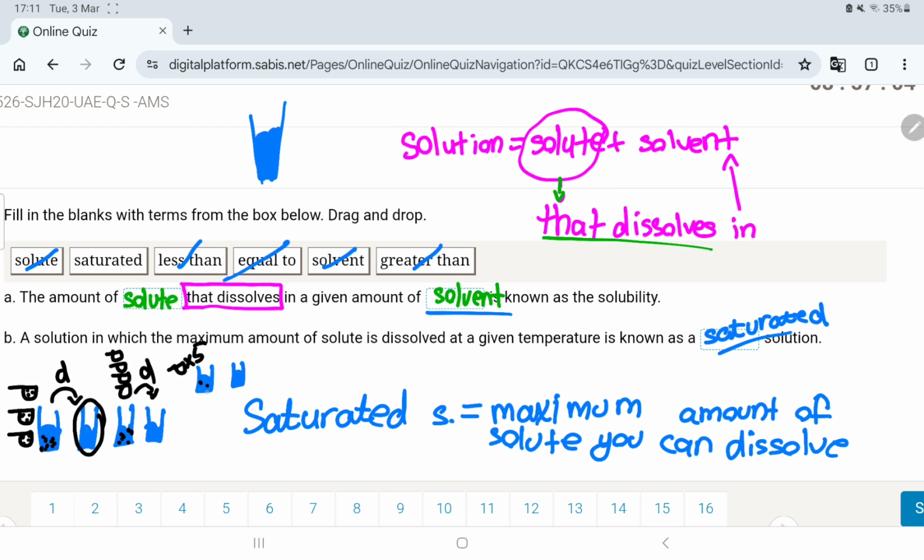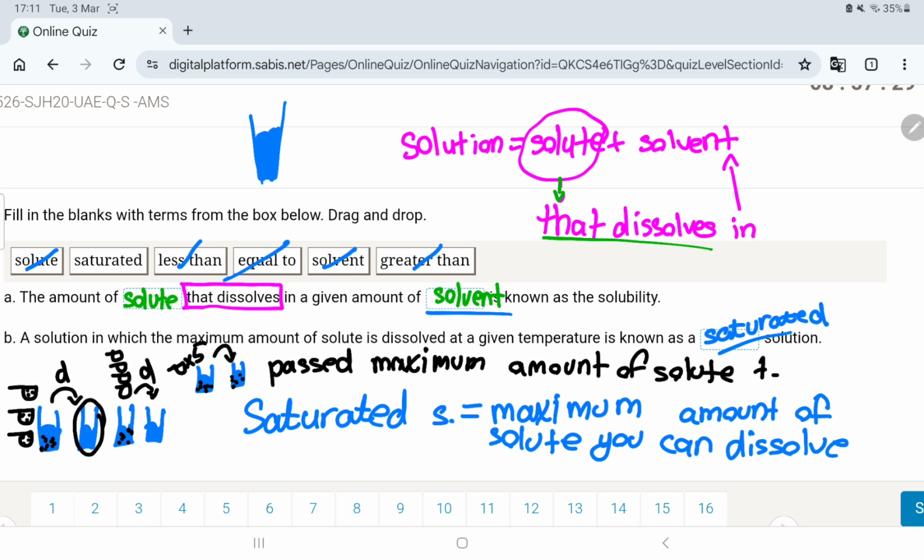Okay. What happens here? After some time, it didn't dissolve. Why? Because you passed the maximum amount of solute that you can dissolve.